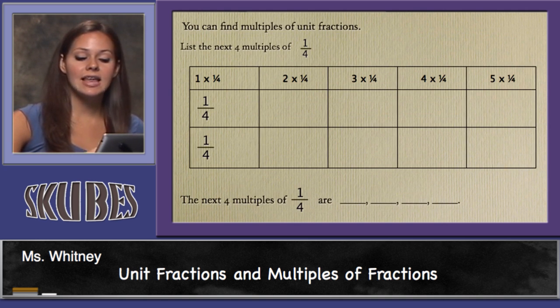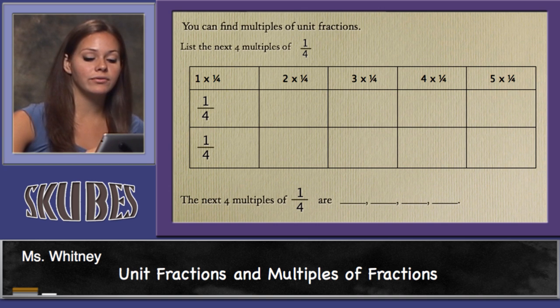Now we're going to list the next 4 multiples of 1/4.